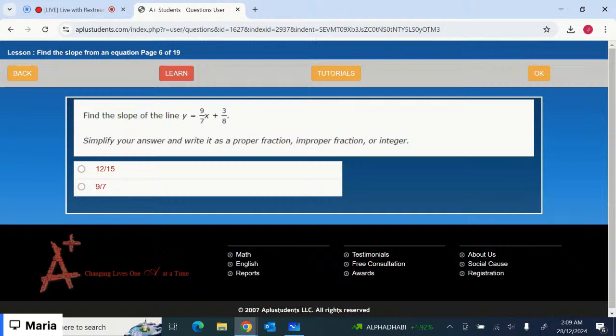Find the slope of the line y equals 9 by 7x plus 3 over 8. So which is the correct option? That is 9 over 7. Option number 2 is the correct option. Got it?